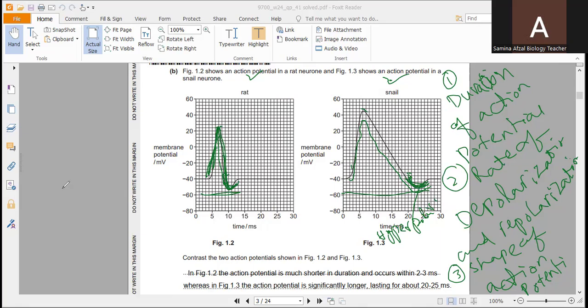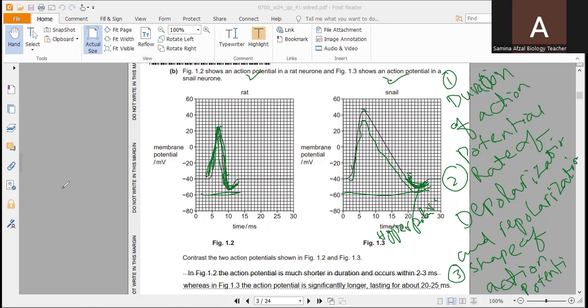So I would like to repeat the differences again. First of all, you can see the duration of the action potential, the rate of depolarization, repolarization, and the shape of the action potential.